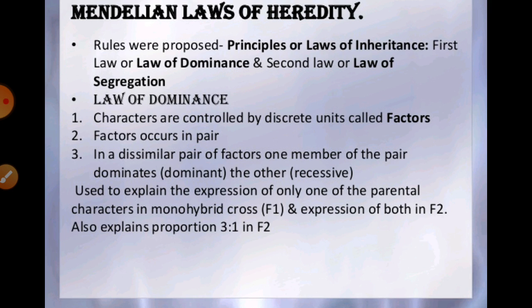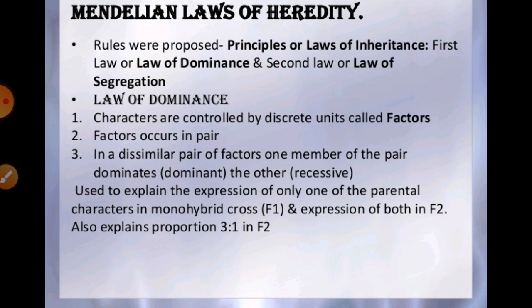On the basis of this we say this is the law of dominance: while two alternative characters are present together, only one character can express in the progeny, the new offspring. Those characters are known as dominant, and the character which remains hidden, which is not capable of expressing itself, is the recessive character. So this is the law of dominance.